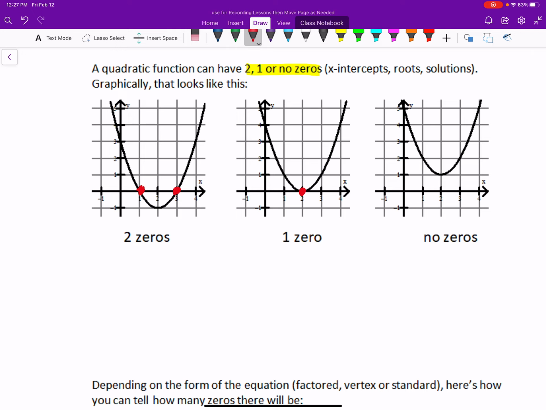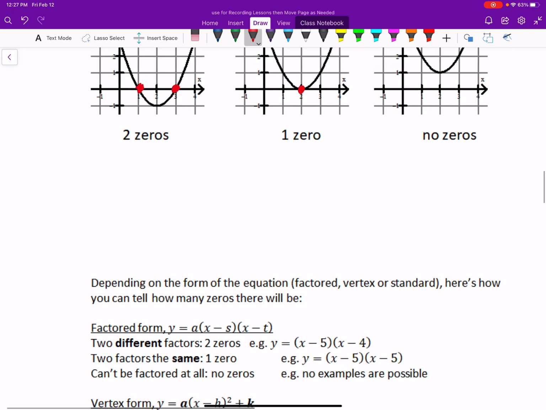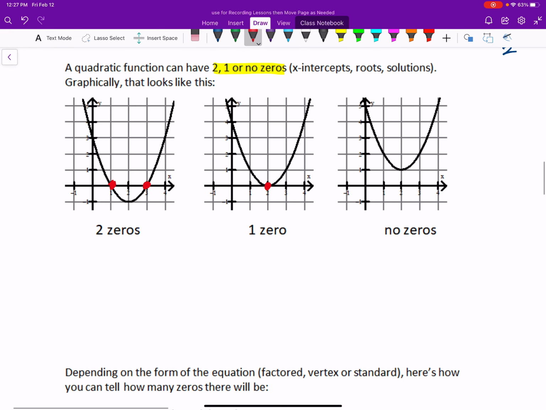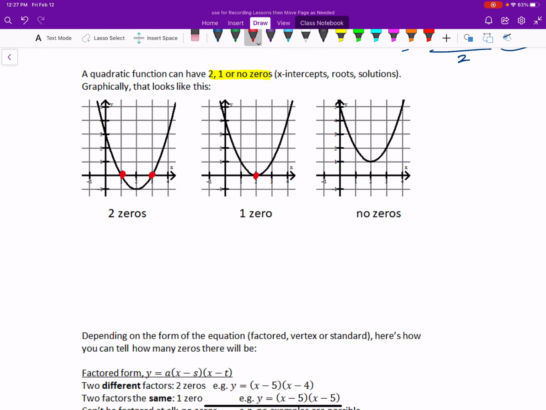There's, again, it's opening up. They could open up or down, but I've just drawn pictures showing up. So when there's only 1 zero, it's when the vertex is sitting right there on the x-axis. And when it's opening up and it's above the x-axis, if it's not touching it at all, then there's no zeros, right? So that's what it looks like graphically. Again, it could be opening down, but same idea of 2, 1, or 0 zeros.